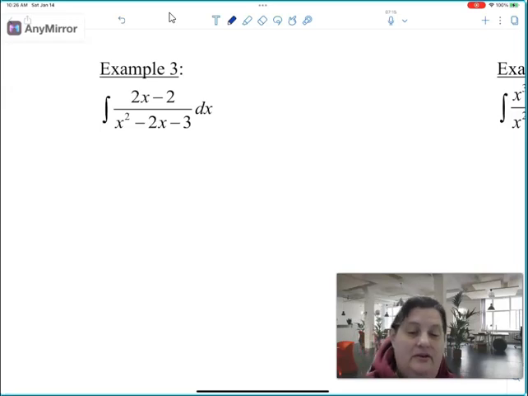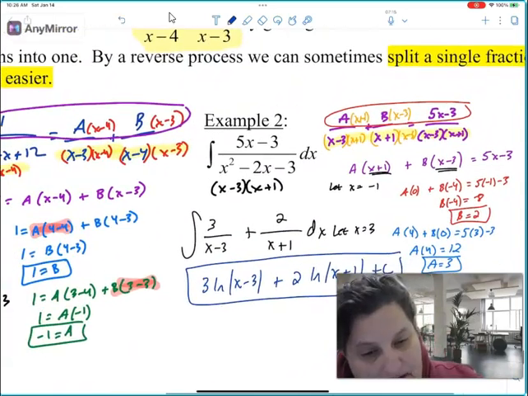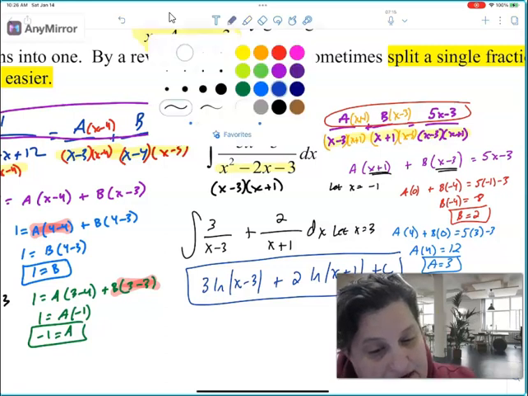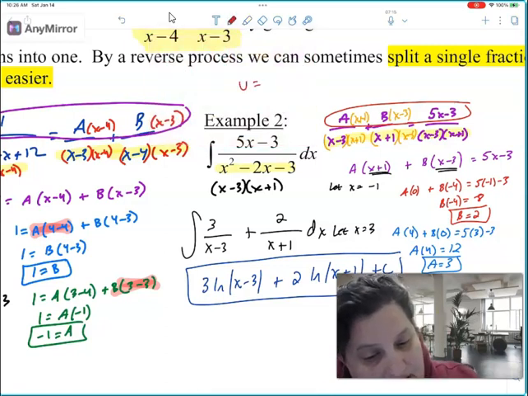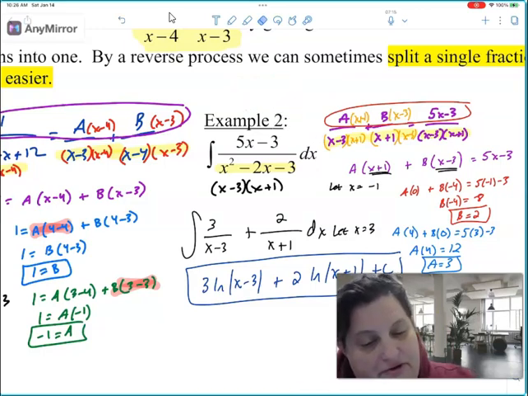Don't assume that everything that you do is going to be partial fractions. Don't just immediately be like, oh, good, I'm going to do a partial fraction, right? Now, up here, here's what happened. I had to do a partial fraction on this because if I tried to do u-sub on this question, my du is 2x minus 2, which is not that, and I can't turn it into that. And so that's why I had to do a partial fraction, okay?